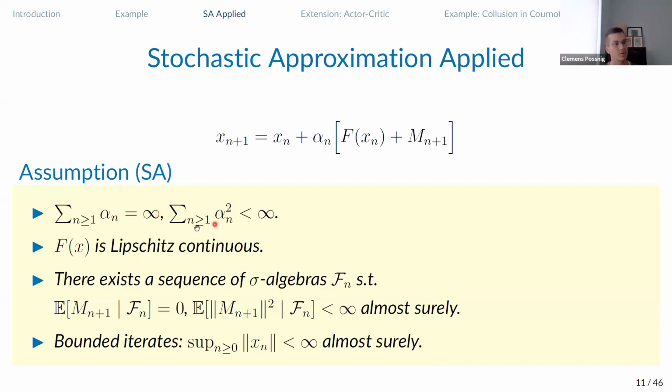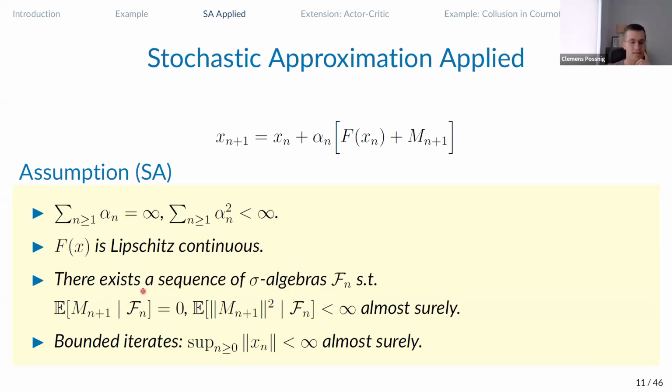On the other side, we want to be able to average out these error terms, and that's why we need square summability. The next condition, f being Lipschitz continuous, basically gives us also the nicest predictions because in that case, the ODE has unique solution curves. It can also be weakened, in which case still a lot of things go through. The next condition is on the niceness of these error terms.